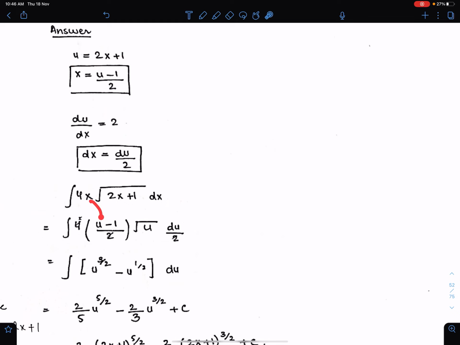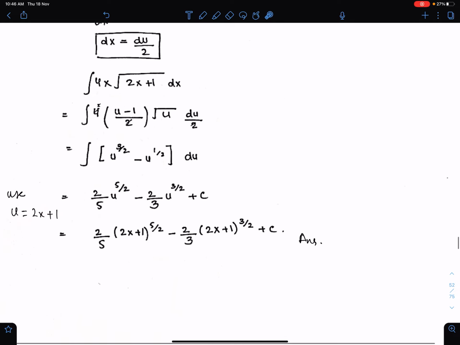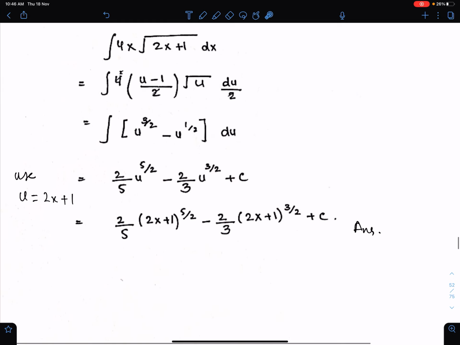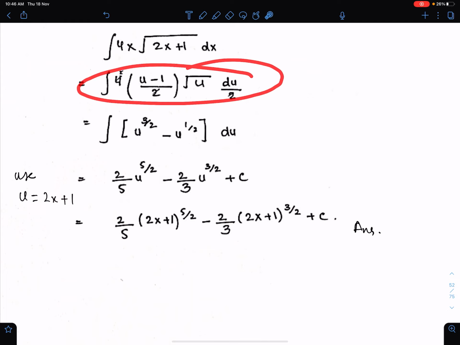So this x is u minus 1 upon 2, and this is under root u, and the value of dx is du upon 2. So make sure you substitute function and dx carefully. Now after the substitution, you just need to simplify this equation. When you simplify this, you will get this thing.